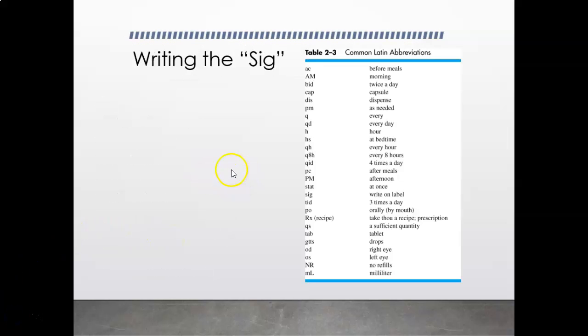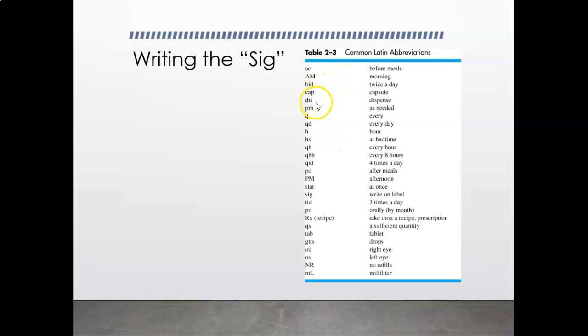So writing the SIG, all of these abbreviations may seem kind of strange and don't seem to make a lot of sense when you first look at them, but that's because they're Latin abbreviations. So SIG is right on the label, so that's writing the instructions basically. And so when we go through all of these, we need to become familiar with what they mean.